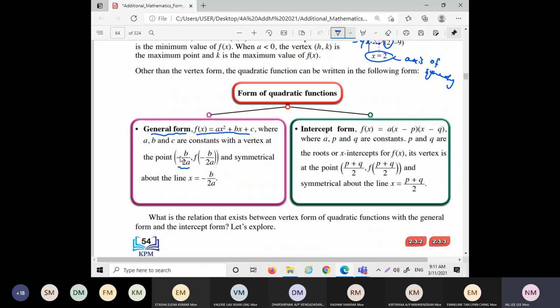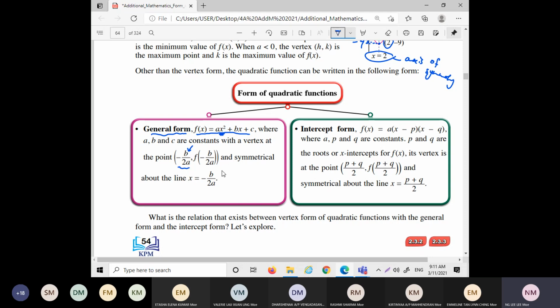How to get the x coordinate: once you get the x coordinate, you just substitute back into the function to get the y coordinate. If you want to memorize, you just remember this, negative b over 2a. If not, then you have to change the general form into vertex form, and from there analyze the maximum or minimum point.